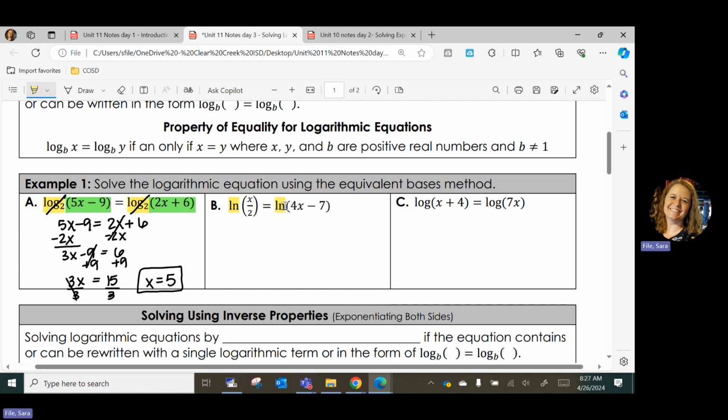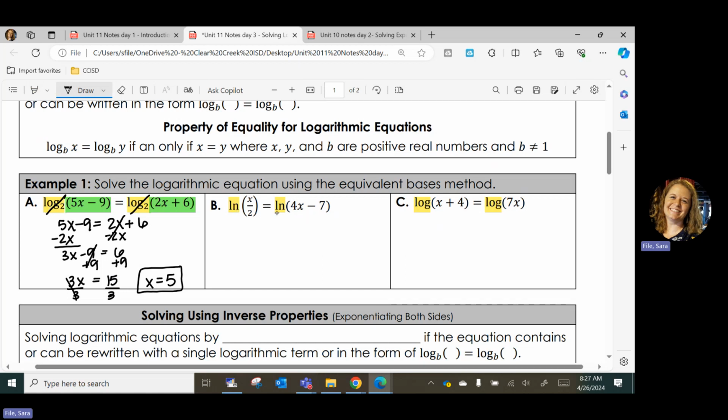No, base 10 is common log. That's what we've got going on in C. When you have log, but no base is written, that's an understood base 10. When there's no base written, but it's a natural log, that's base e. In this particular problem, that doesn't come into play, but you do need to know that.